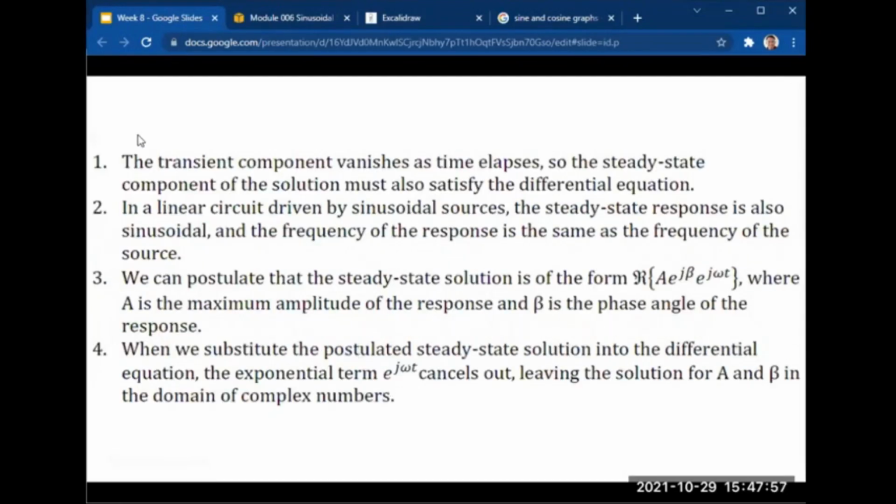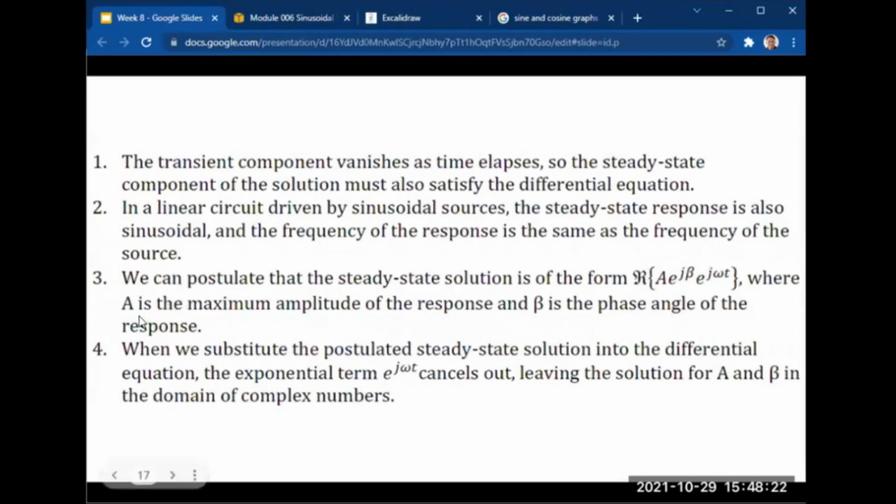Number one, the transient component vanishes as time elapses. So the steady state component of the solution must also satisfy the differential equation. Number two, in a linear circuit driven by sinusoidal sources, the steady state response is also sinusoidal, and the frequency of the response is the same as the frequency of the source.